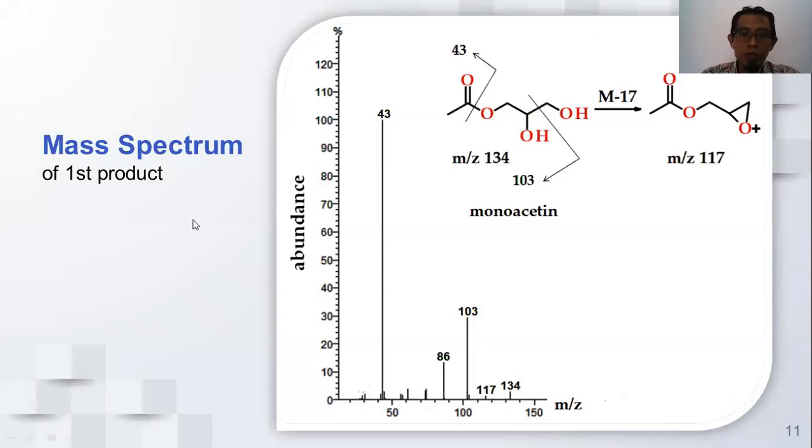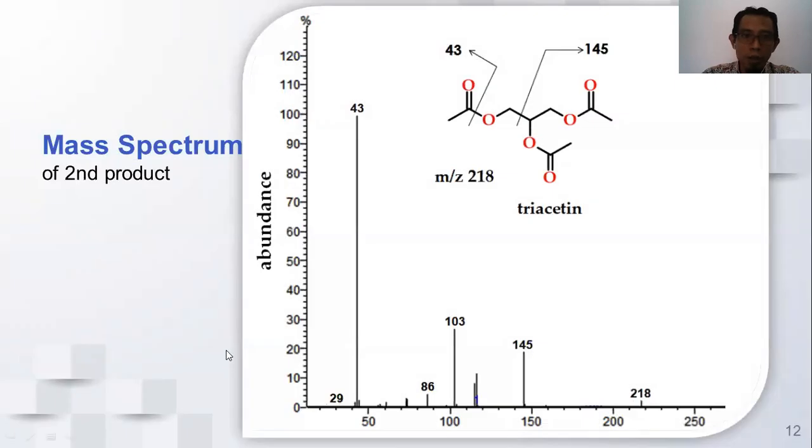Here, in the mass spectrum of the first product, we find M+ 134, and m/z 117, and m/z 103, and finally m/z 43 as specific. So from this mass spectrum, we conclude that it is monoacetin.